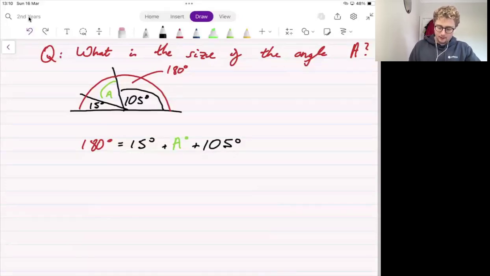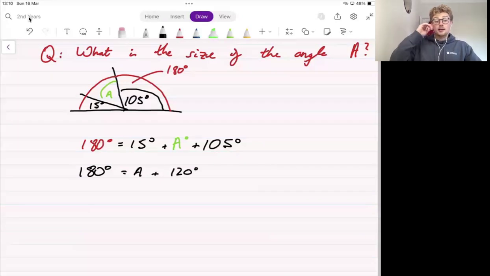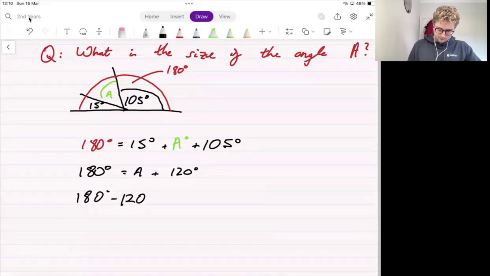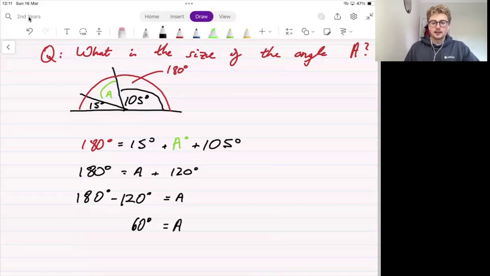So I can say that 180 degrees is equal to A plus 120 degrees. Bring my 120 over, and I can make it a minus. And you get 180 degrees minus 120 degrees is equal to A. And 180 degrees minus 120 degrees is 60 degrees. And 60 degrees is equal to A.